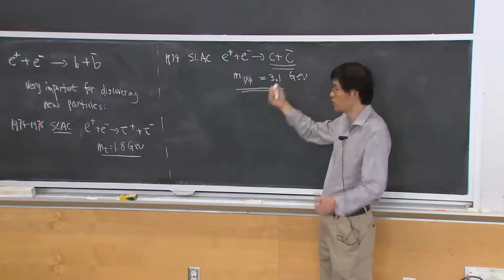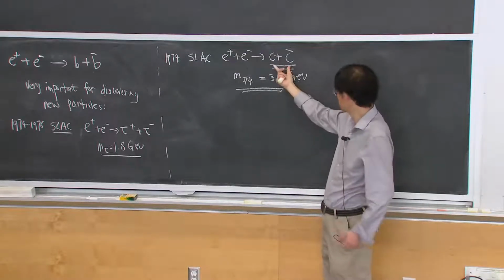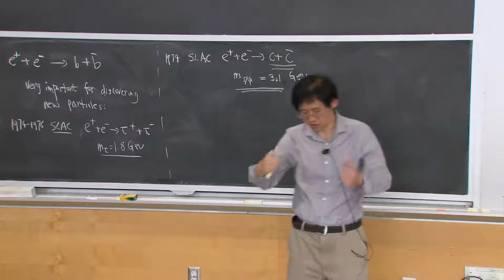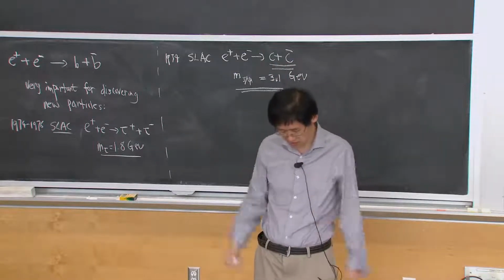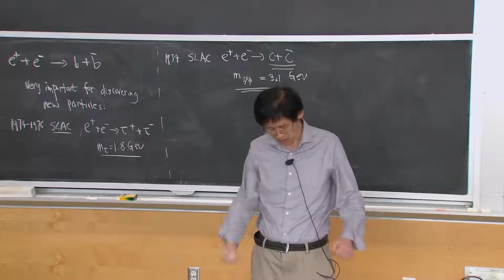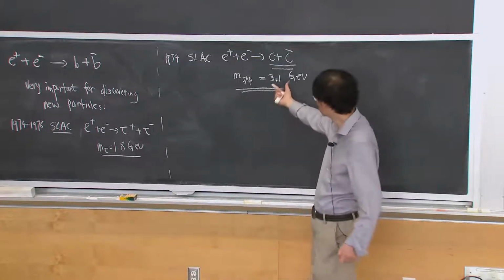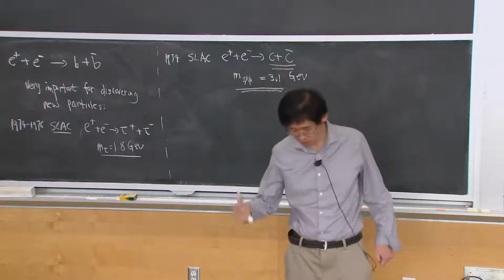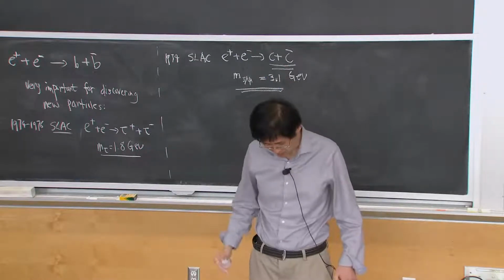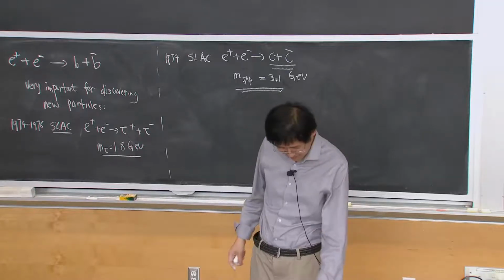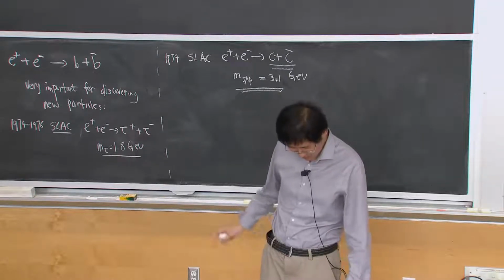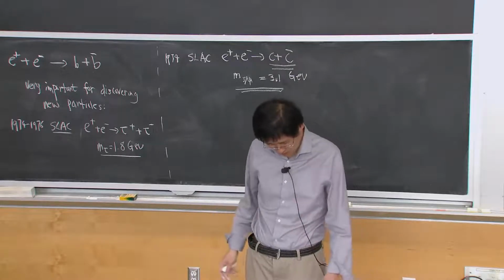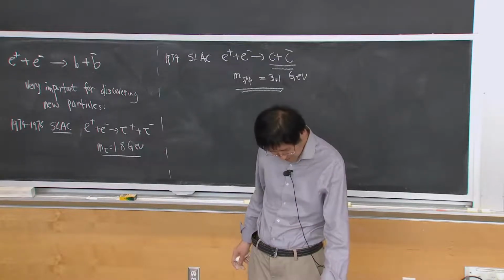Because the c quark is very heavy, the c and c bar bond not very strongly, and so this is the first direct evidence that quarks actually exist. This actually shocked the community. It was discovered in November, and they call it the November Revolution, and it played a very important role in getting people to accept the existence of quarks.